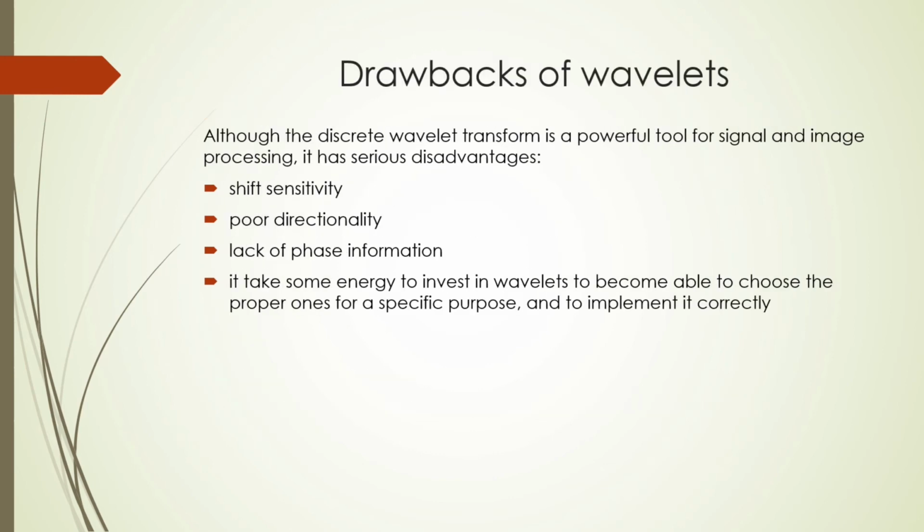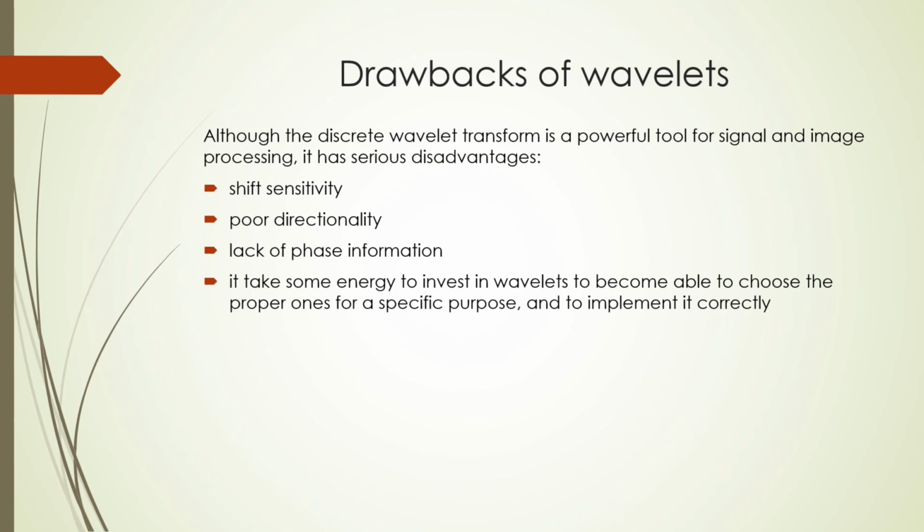As we discussed before, we know wavelets are important, and that they are a powerful tool for signal and image processing, but they have some serious disadvantages. The drawbacks of wavelets are: 1.